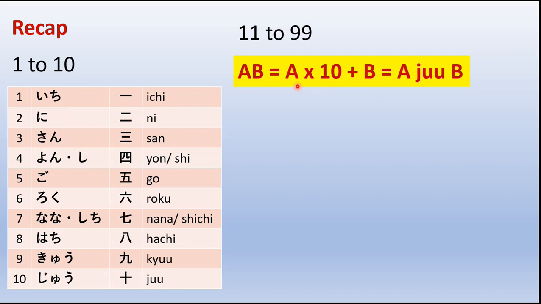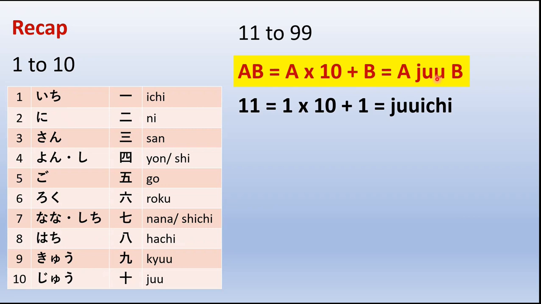And that's why A into 10 is the place value of A and B into 1 is the place value of B. So when we write it in Japanese, we write A as A here. Then for the 10th place, we have Ju because Ju indicates 10, and then B in the unit place will remain as B. So this is how we form two-digit numbers, and let's see some examples.